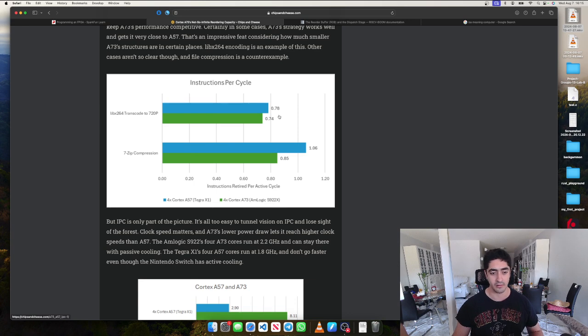Instructions per cycle, you have libx264 transcode to 720p, and you have your decompression. Okay, so is he running compression algorithms to test this?